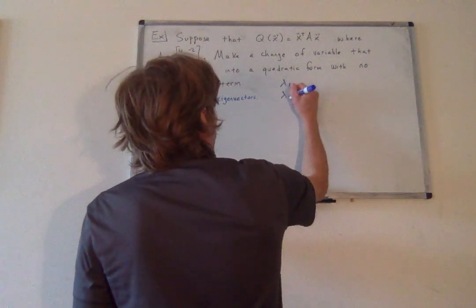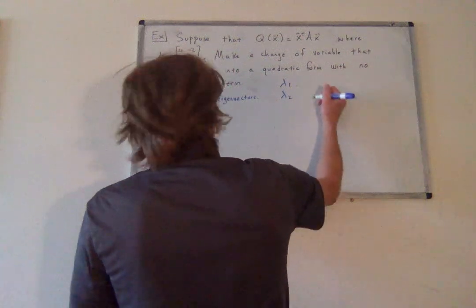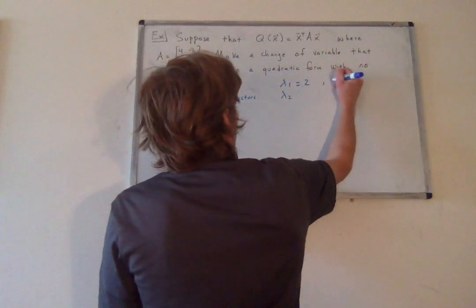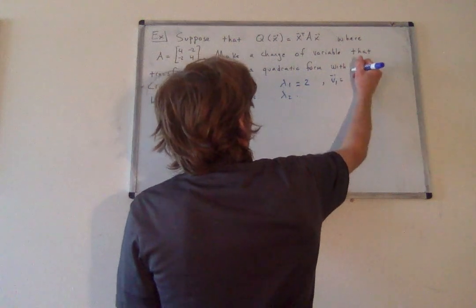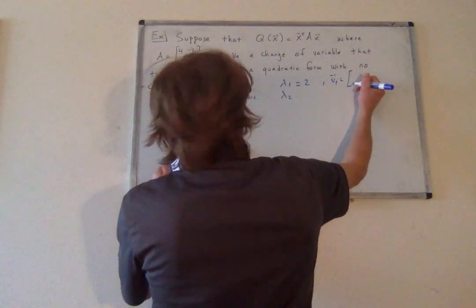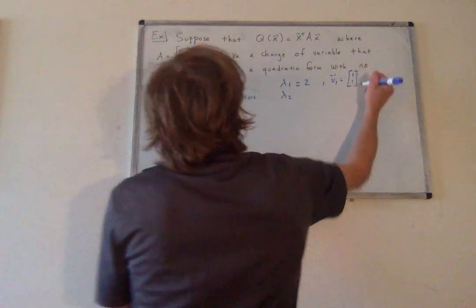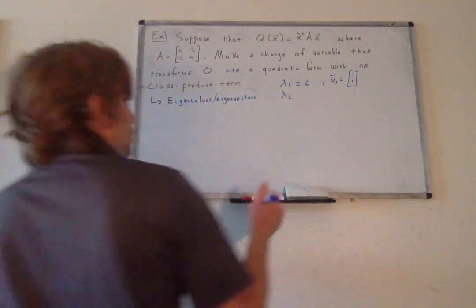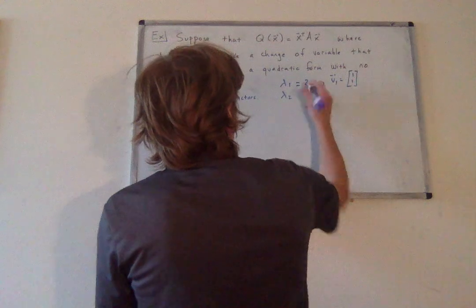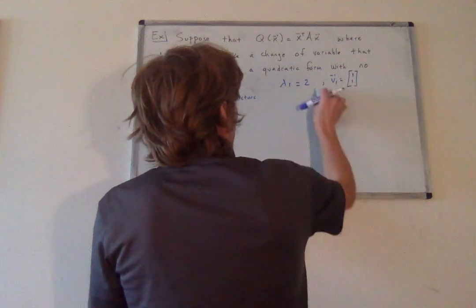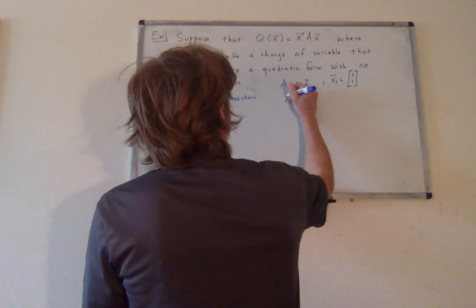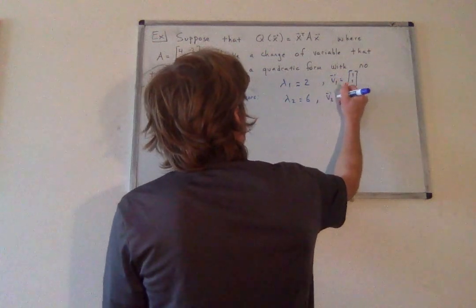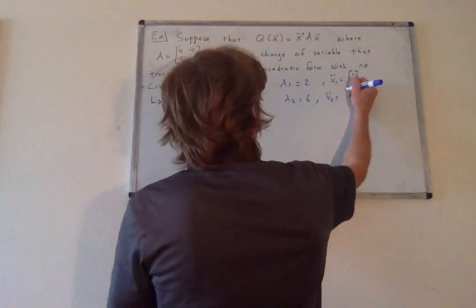A should have two eigenvalues, lambda 1 and lambda 2, where lambda 1 is equal to 2, with corresponding eigenvector v1 being (1, 1). And that follows because the row sums of A are all equal to 2. And then lambda 2 equals 6 with corresponding eigenvector v2 being (1, -1).